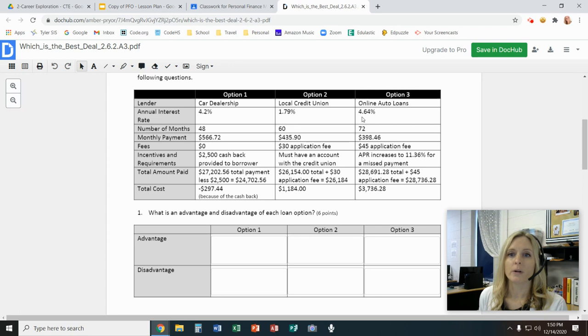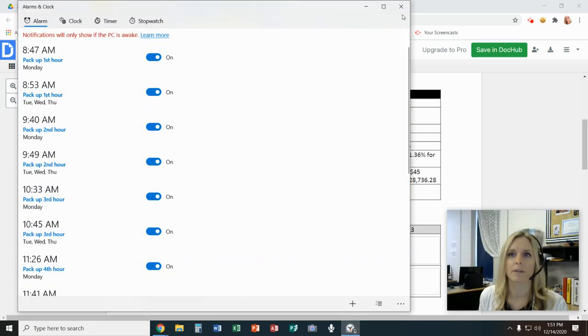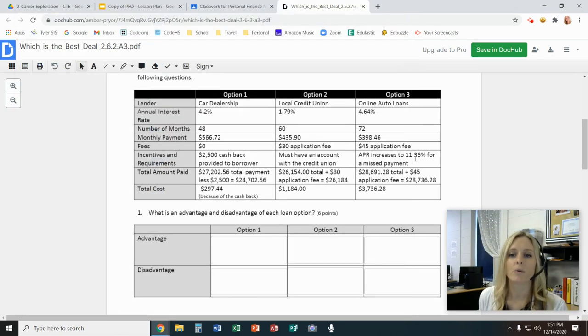Okay, third option, an online auto loan website. They are offering 4.64% interest for 72 months, so 6 years. And the monthly payment is quite low here, $398.46. There's a $45 application fee, and this is not an incentive or a requirement, but the APR, the percentage rate he will pay on that loan, will increase to 11.36% if he misses a payment.